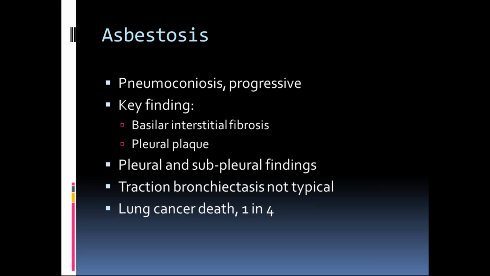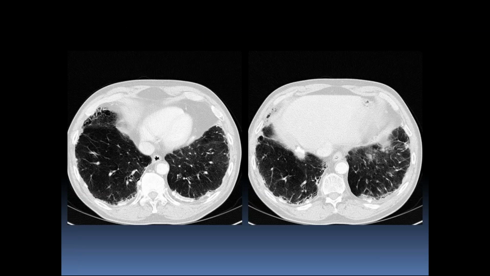And it's going to start with pleural findings. So you get pleural thickening. You'll get some subpleural findings like subpleural bands, and then those will progress into the round atelectasis that you can see as well. So we'll take a look at a couple of those pictures. In this patient, these were the lung windows of that other mediastinal window, the same patient.